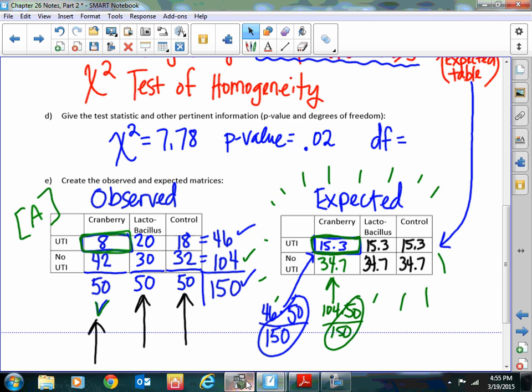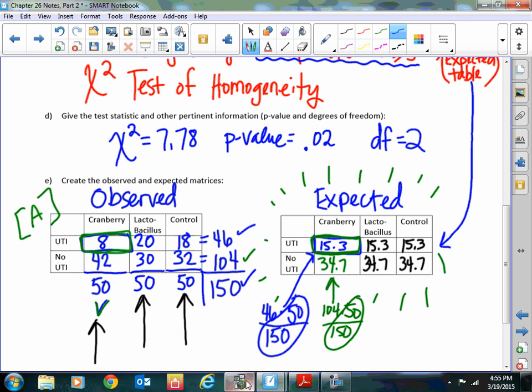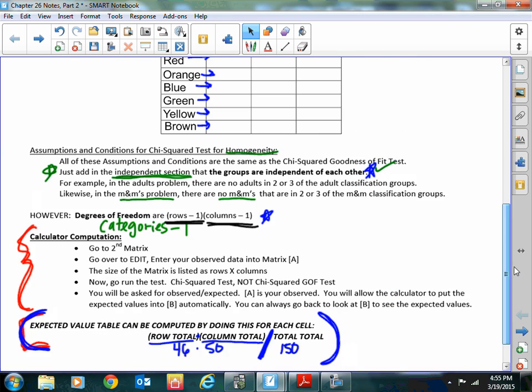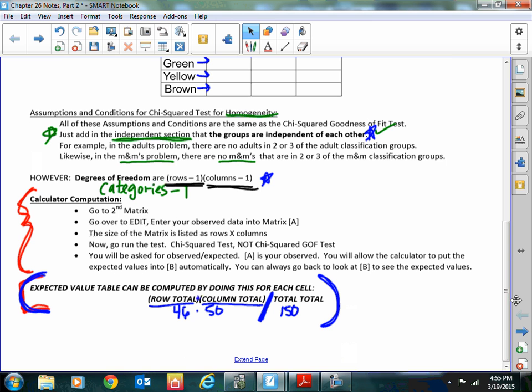But I want to talk about that little computation of the degrees of freedom. Do you remember from our first page of the notes that degrees of freedom come from rows minus 1 times columns minus 1?